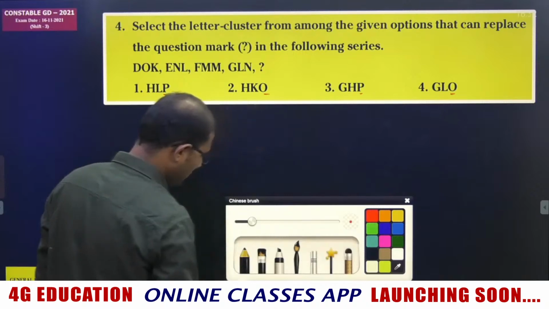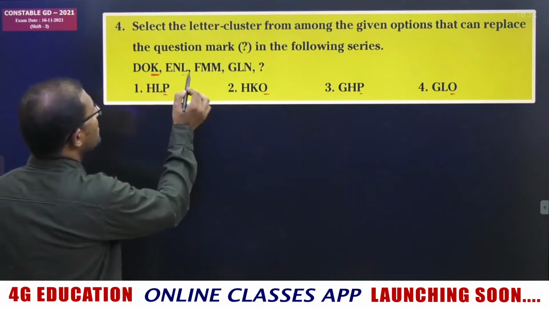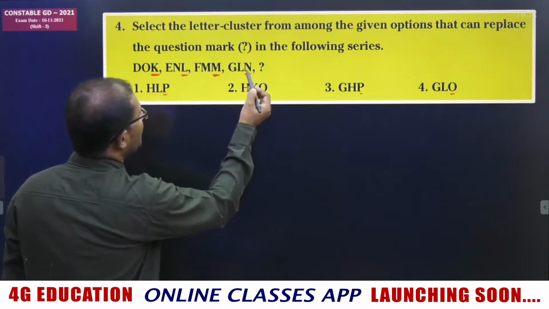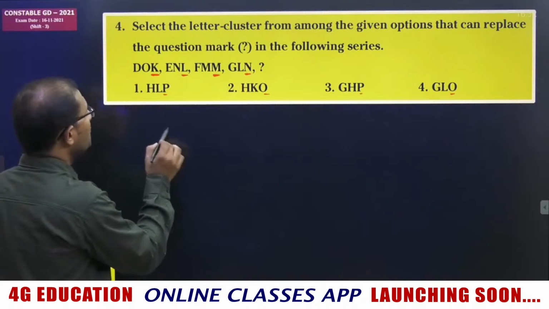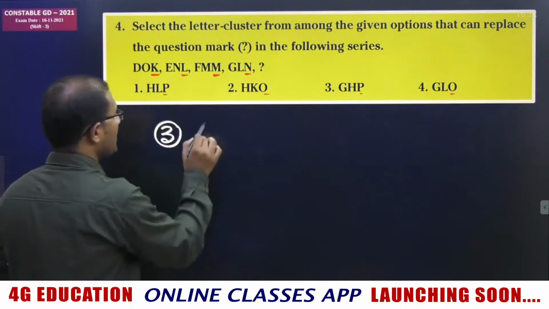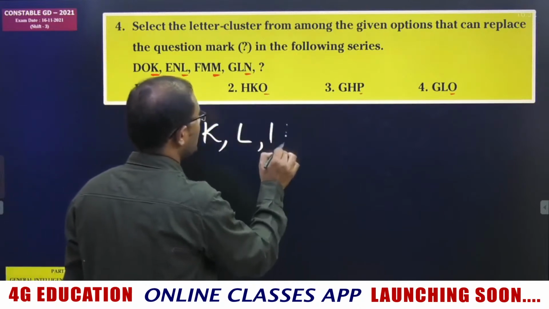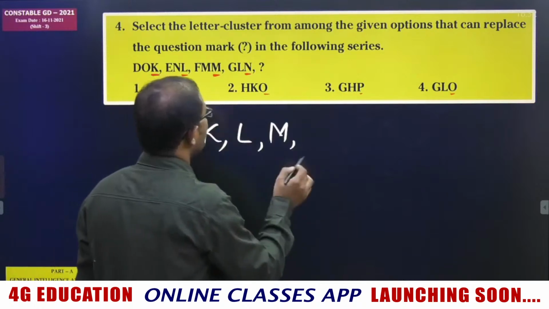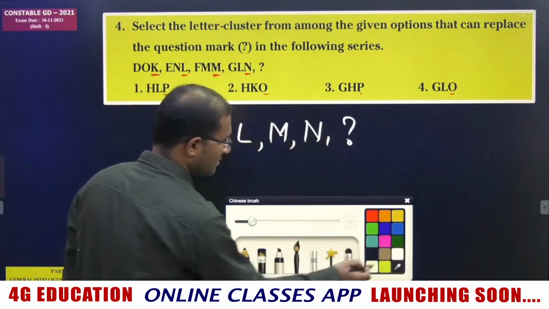Now I would like to find out the last letter of my answer term. It means in each and every term I need to take the last letter and we need to frame one series which we can find out the last letter of our answer term. Here it is K, so it is L, and it is M, and it is N, and then the next question mark.